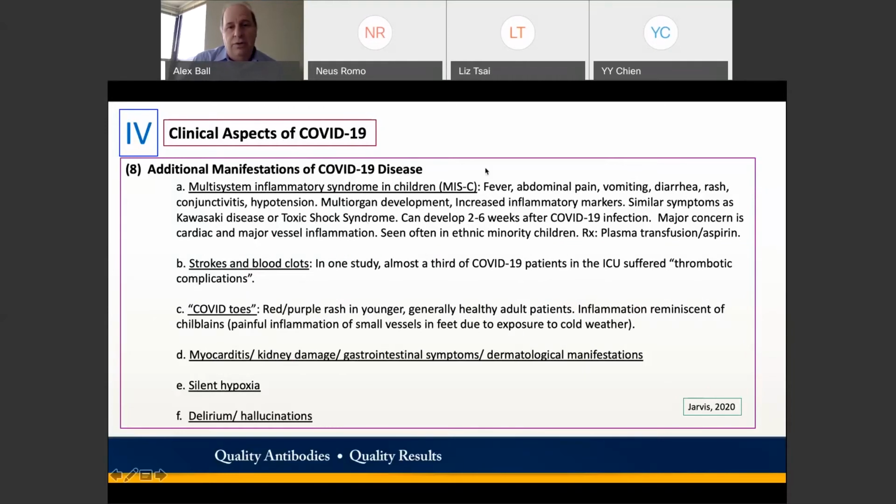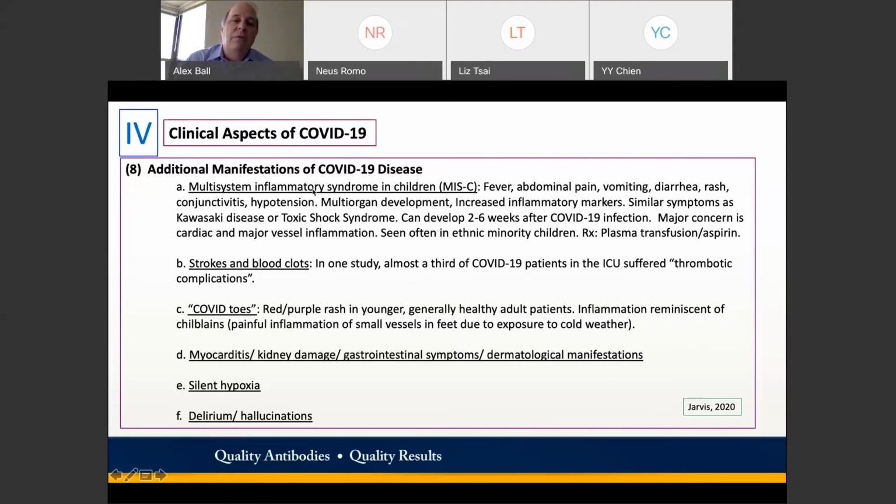Children, who are thought largely to be spared a lot of the more serious effects of SARS-CoV-2 infection, some have been diagnosed with what is known as multi-system inflammatory syndrome in children, or MIS-C. Children present with fever, abdominal pain, vomiting, diarrhea, rash, conjunctivitis, low blood pressure, and also peripheral edema. So their extremities fill with fluid.